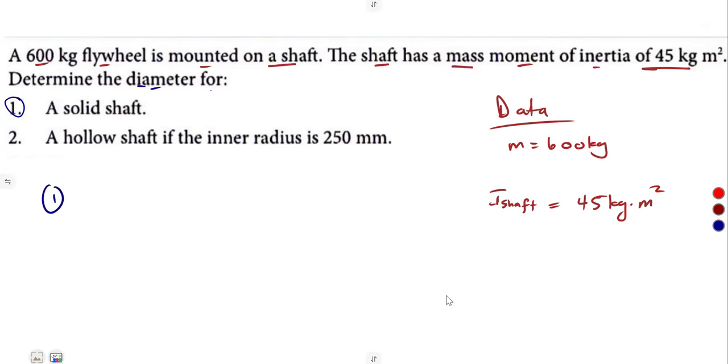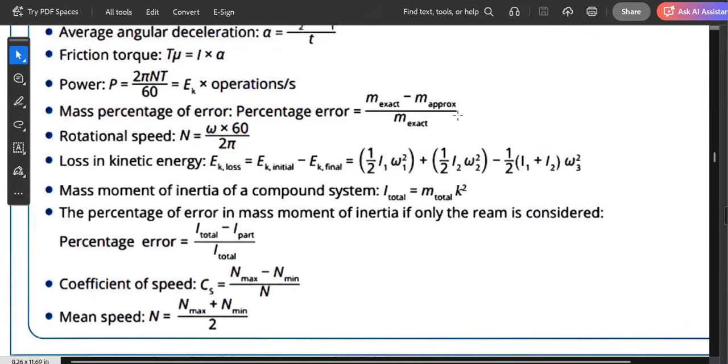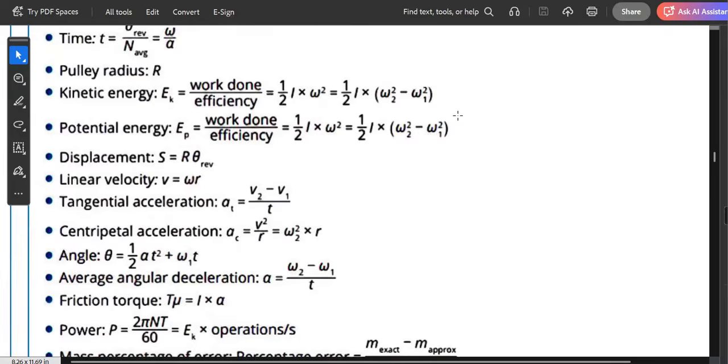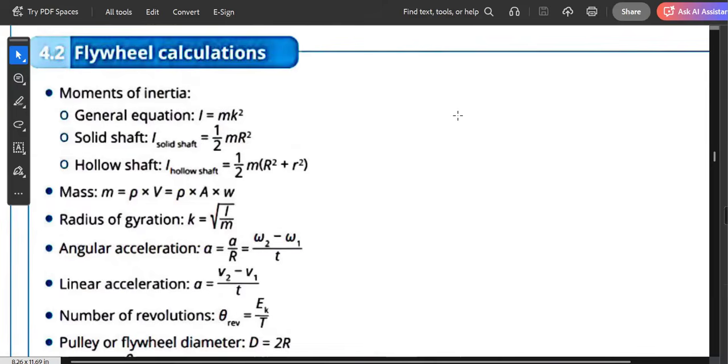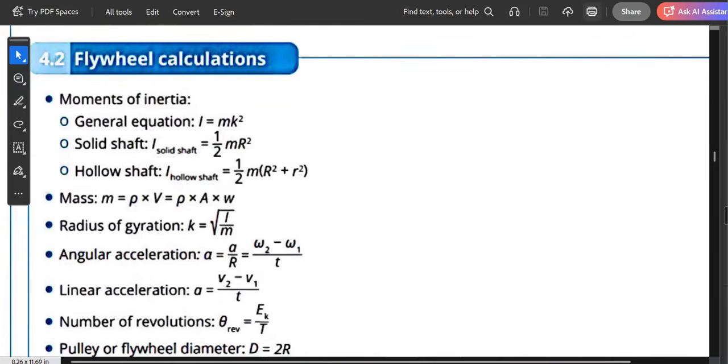So remember, when dealing with a solid shaft, we stated that we are going to use this formula for the moment of inertia. As we can see, it is the one with R squared, capital letter R, for the solid shaft.